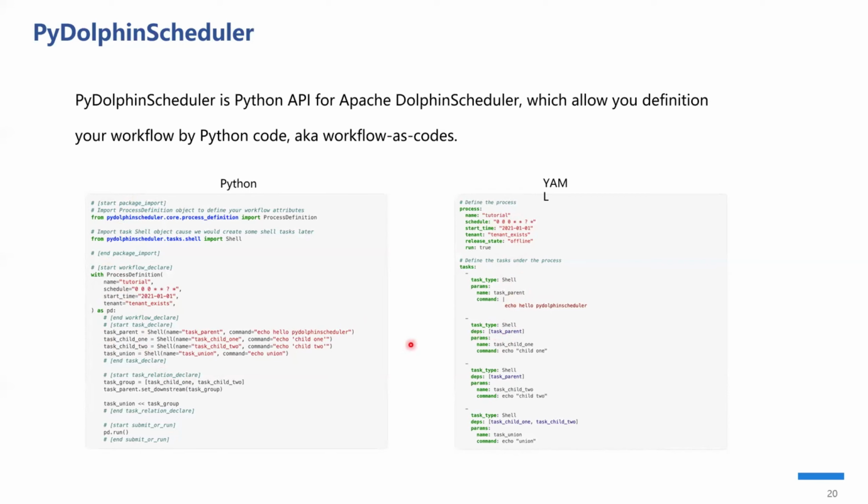I want to mention a little bit more about this page, because if you write every pipeline using YAML or Python, it's very good for initiating GitOps for DolphinScheduler tasks.